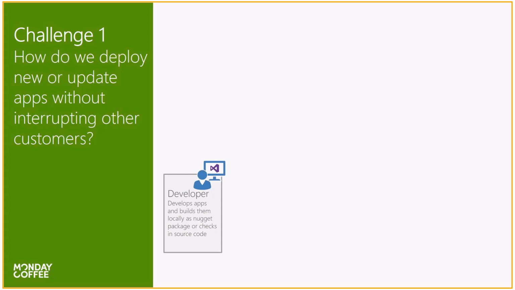So what we are doing is our developer builds the app locally and tests it and everything. And once he's done, he can actually package it as a NuGet package locally, or he can check it into Visual Studio Online, TFS, and we have automated build tasks that then packages this app as a NuGet package.